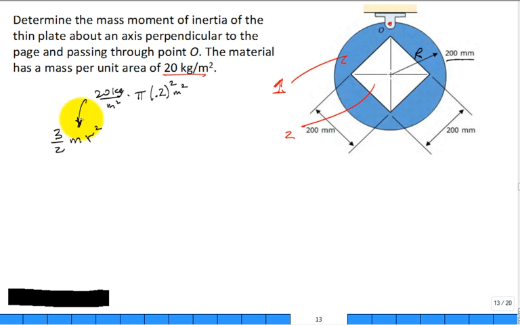And what is this r? 0.2 meters. Are you going to square it? Okay, so that's, now you have to subtract the contribution from that square.